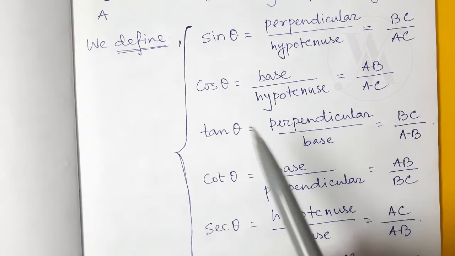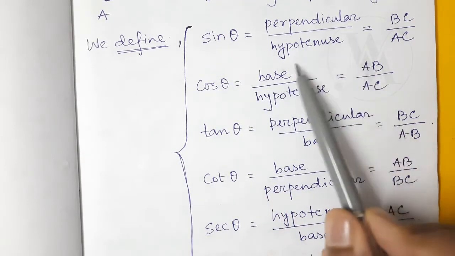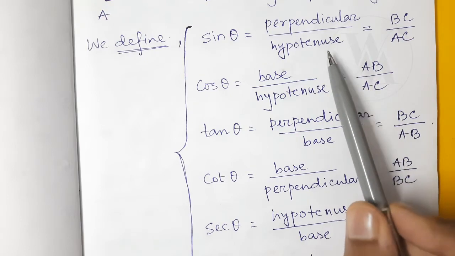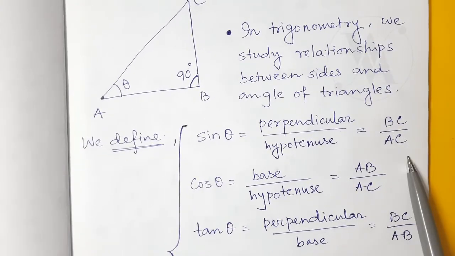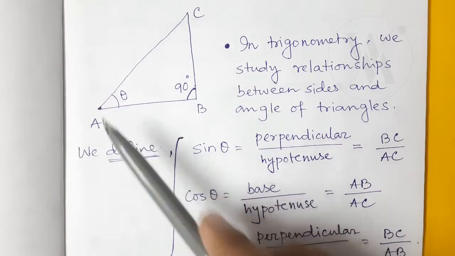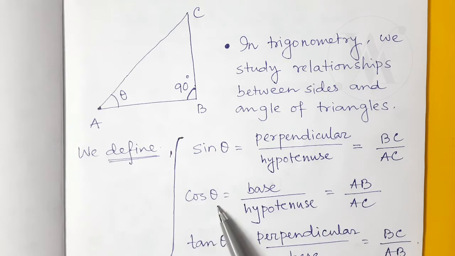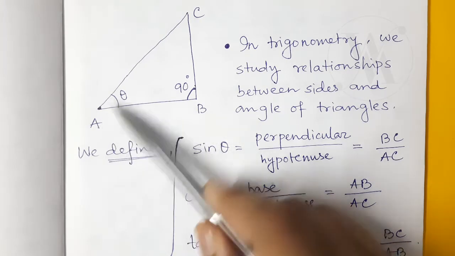Now we define sin theta equal to perpendicular by hypotenuse, which from this triangle is BC by AC, because BC is the perpendicular and AC is the hypotenuse. Similarly, cos theta equals base by hypotenuse, base is AB and hypotenuse is AC.